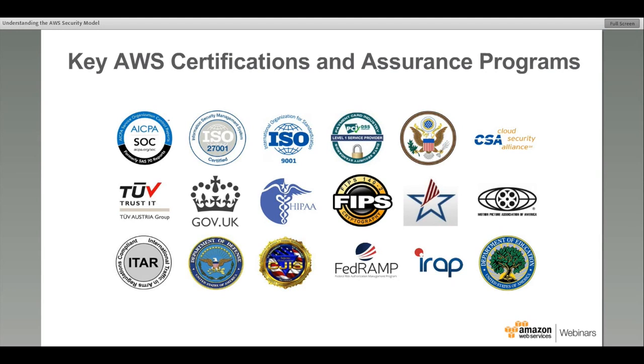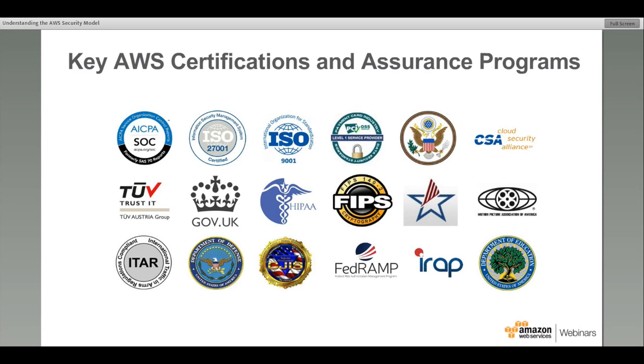Our core audits are our SOC 1, SOC 2 security and availability, and SOC 3. This actually is available to all of our customers under NDA, so you get the full non-redacted report. You get to see exactly what our auditors say. We also run ISO 27001 and ISO 9001 because we understand that some of our customers value the ISO 27001 framework.